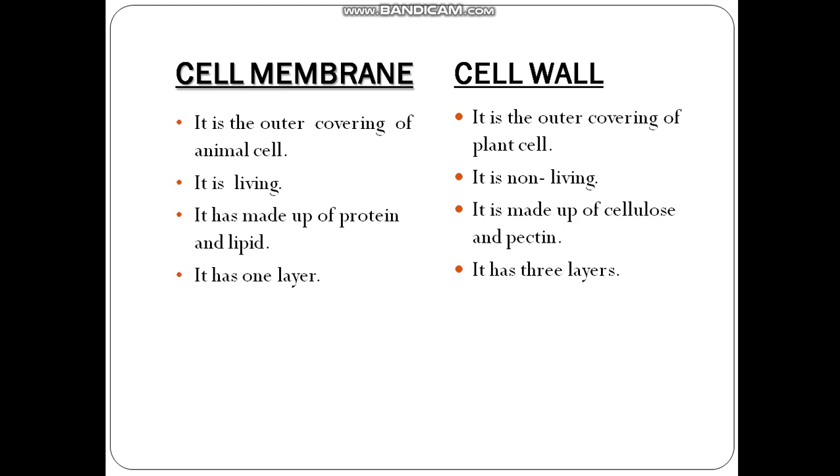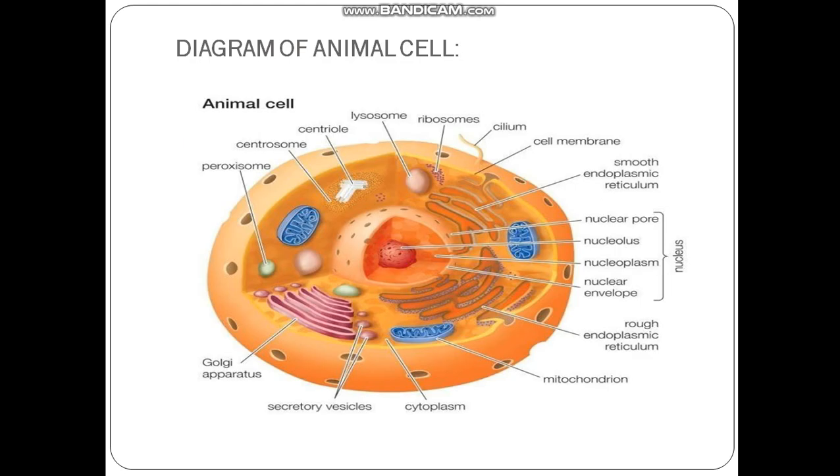Okay, now next. This is the diagram of an animal cell. अभी हमने जो स्टडी किया, the cell membrane. Where is the cell membrane? It is the outer covering. This one is the cell membrane. Look at the diagram, look at the picture of an animal cell.